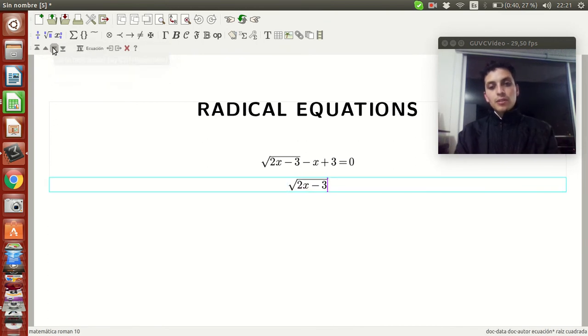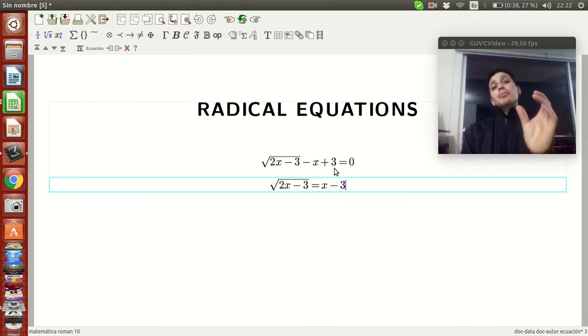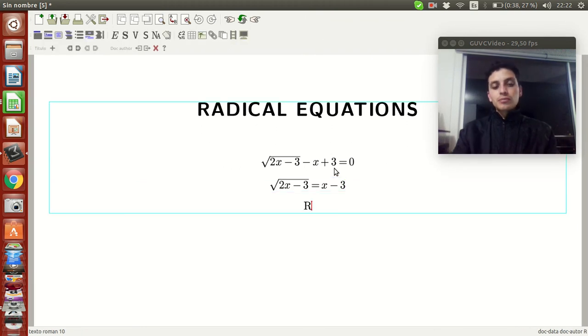Two x minus 3 equals 2, so if we add x and subtract 3, we have the answer. After you have a radical, the main idea is to remember properties of exponents, and in properties of exponents, there's no such thing as a distributive property for addition. So what you have to do is just raise both sides of the expression to the second power.